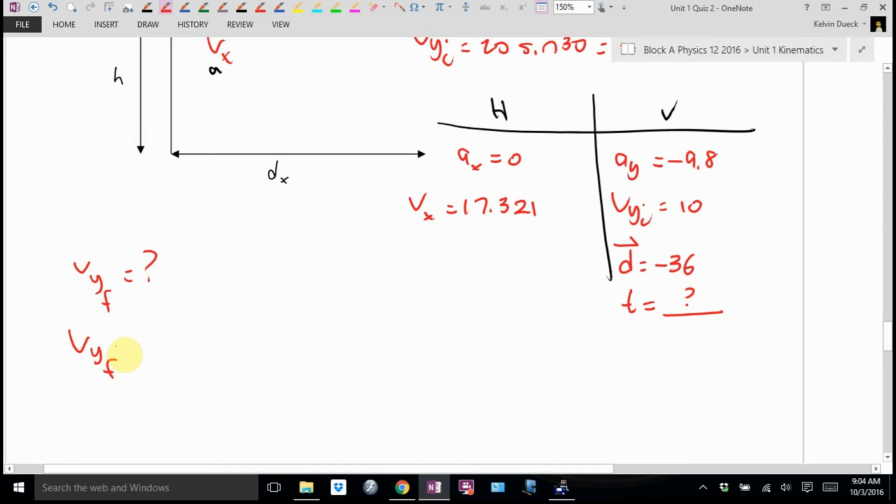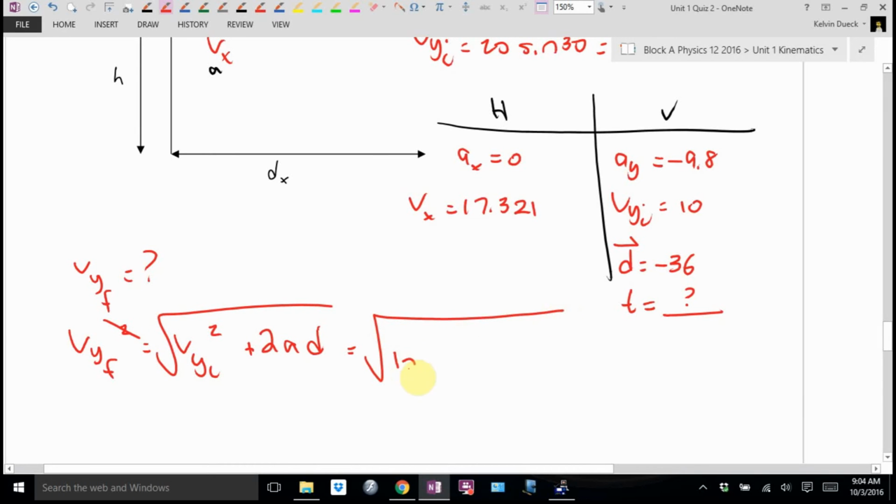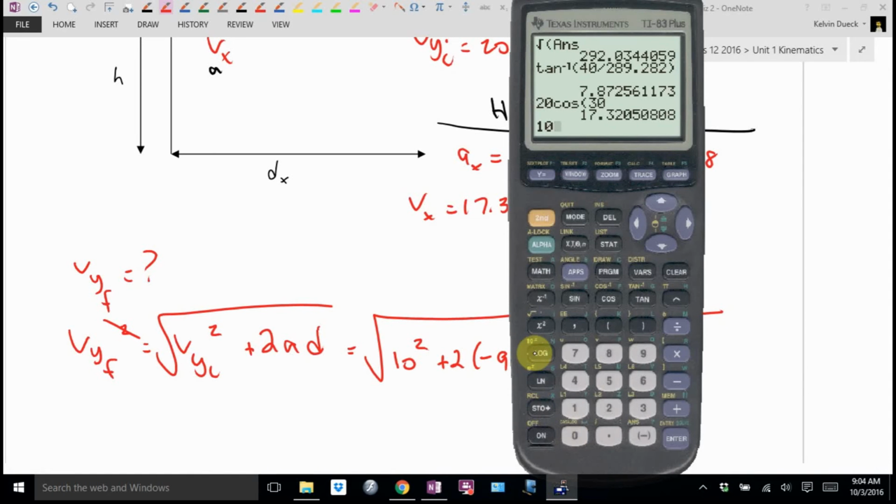Well, Vy final squared equals Vy initial squared plus 2AD. How to get rid of a squared? Square root. It's going to be the square root of 10 squared plus 2, negative 9.8, negative 36. 10 squared plus 2 times negative 9.8 times negative 36.